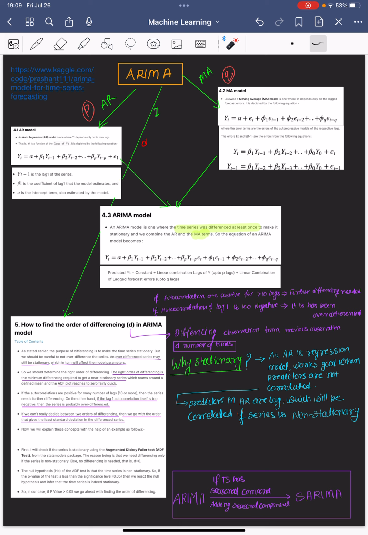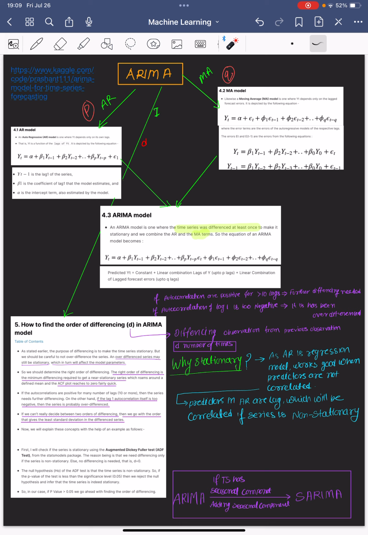You can see the ARIMA model is just a combination of two regression models, autoregression models and moving average models. If you remember, a regression model has the assumption that the predictors are not correlated, like we have y equals x1 beta 1 plus x2 beta 2 plus beta 0. So x1 and x2 should not be correlated, correct?